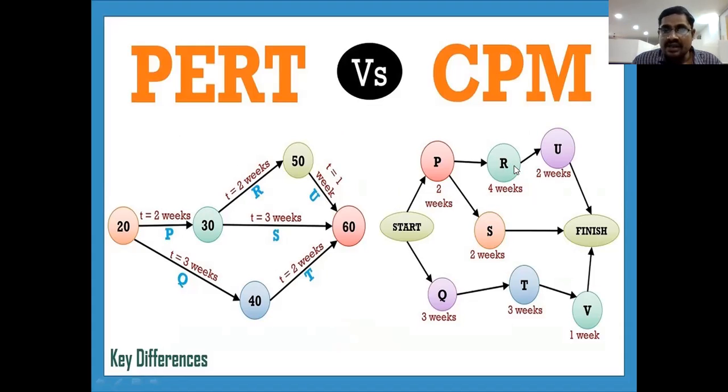It is estimated by only one time; it is estimated by three timings: optimistic time, pessimistic time, normal time, right? So this is repetitive, this is non-repetitive. One is used for construction and the other for research and development, innovations, inventions, right? This is all about CPM and PERT differences.